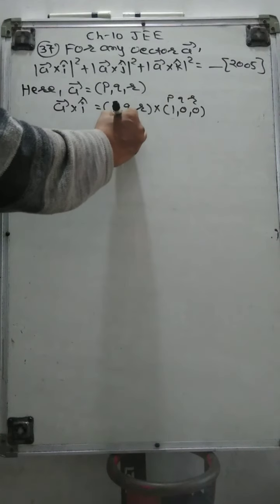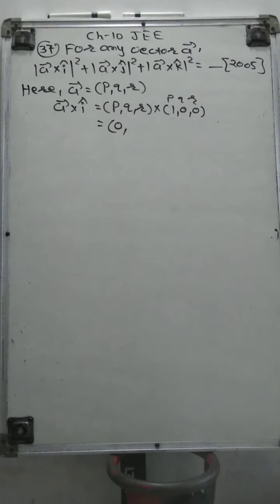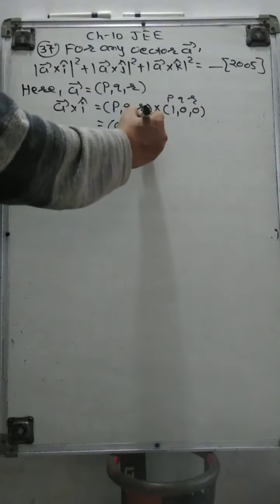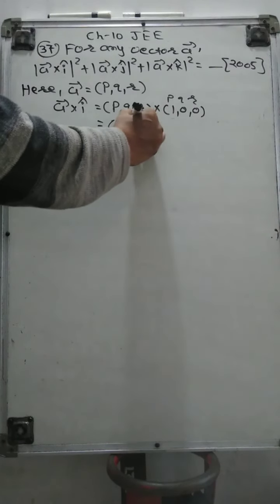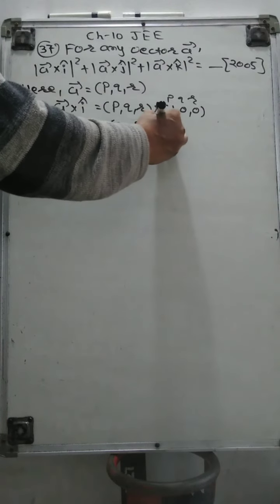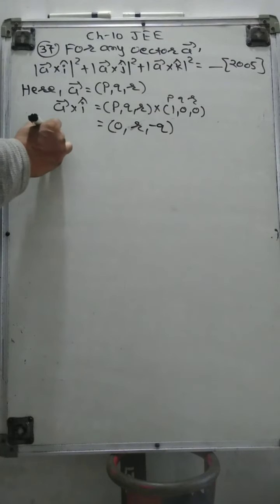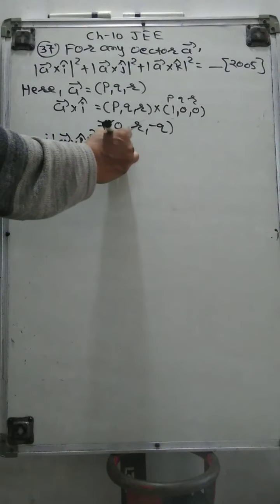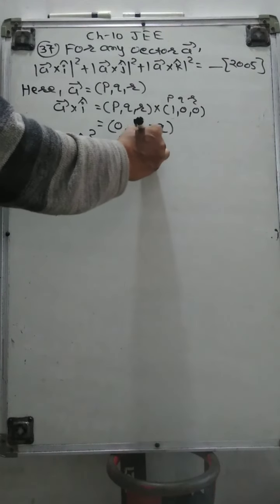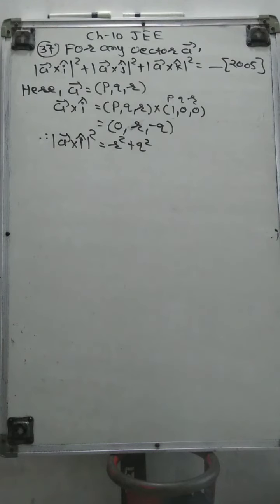Here we take PQR. So the first component is 0, the second is R, and the third is minus Q. Therefore mod A bar cross I bar square is equal to R square plus Q square.